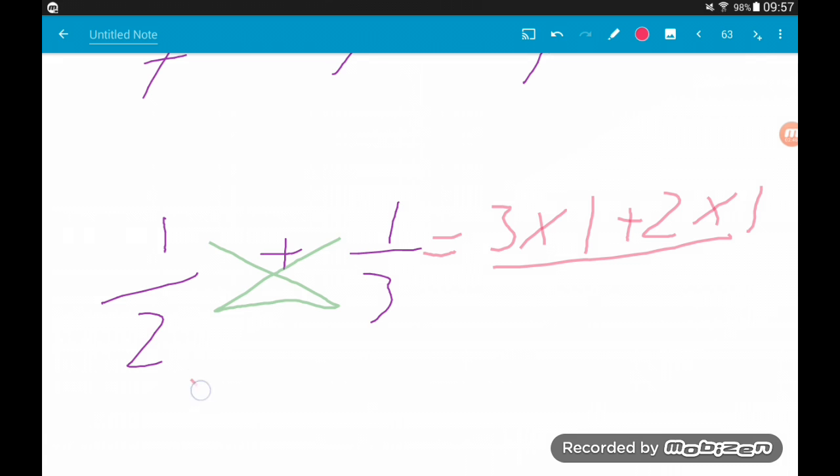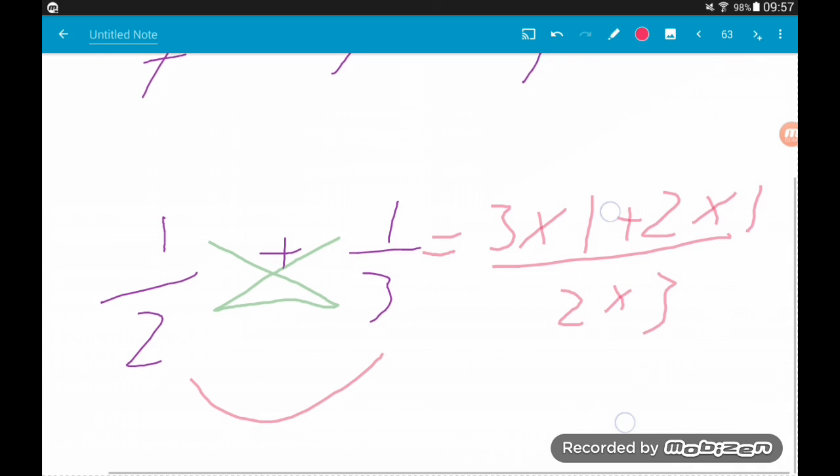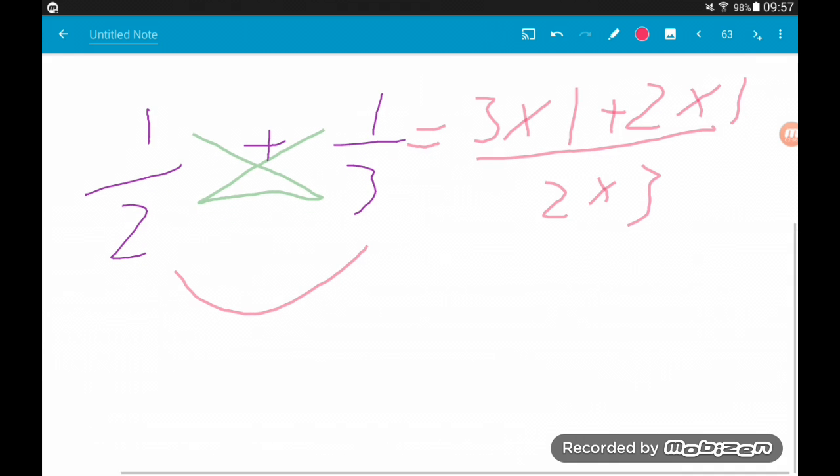And then it's all over the two denominators multiplied together. So 2 times 3. So really here we are doing common denominators, we're just doing everything in one go. So 3 times 1 is 3, 2 times 1 is 2. So up on top we've got 5, and then on the bottom 2 times 3 is 6. So we get 5/6.